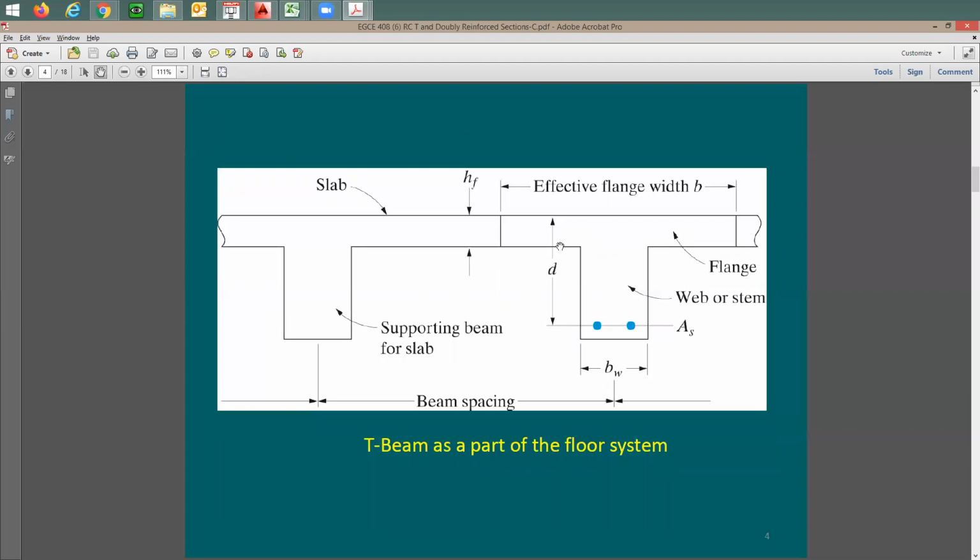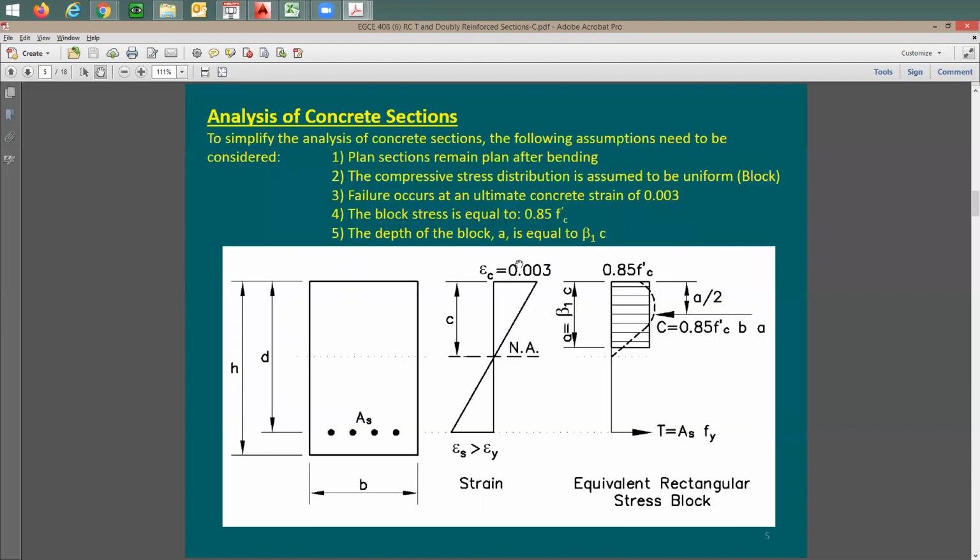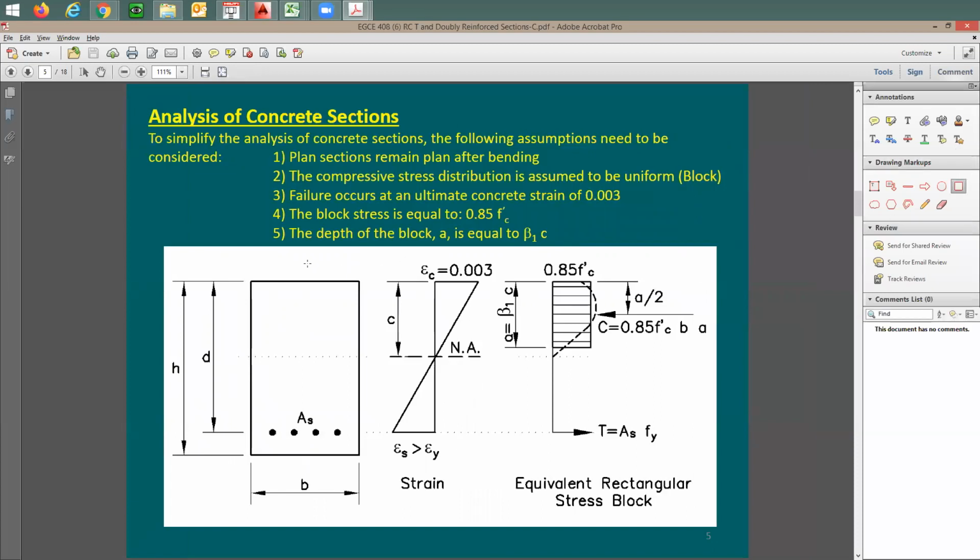Now the design of this T-beam is going to be very similar to the design of a rectangular beam. The only difference is that I'm going to have a flange on the top, but all the equations are going to be the same. You recall when I started with the rectangular section, I put only 3 number 8, and the beam was okay, phi factor is 0.9. All of a sudden, I put 10 number 8.